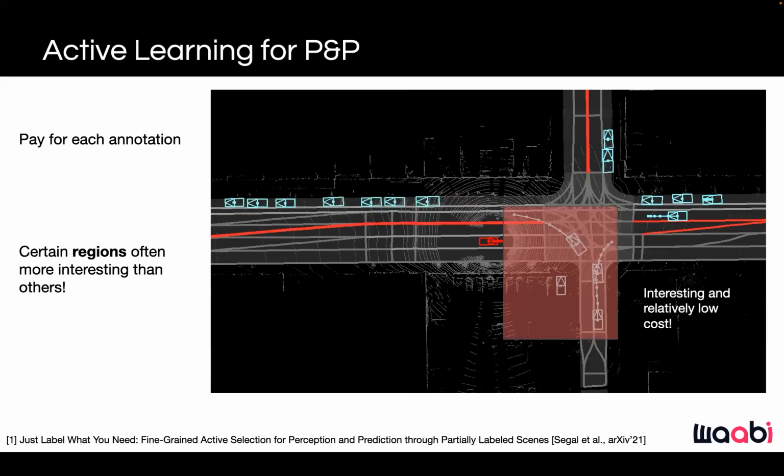Maybe these are things that might be interacting with the self-driving vehicle. Maybe I prefer to label this area versus anything else, right? So you can do this in a very fine manner where you can get very interesting annotations with a few dollars.